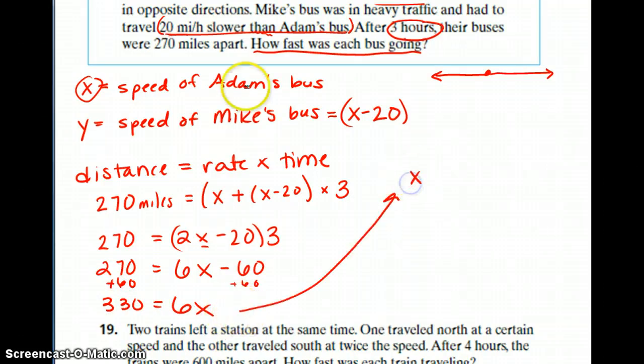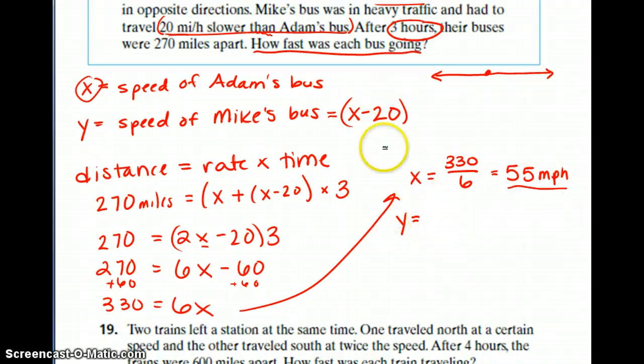So x, or the speed of Adam's bus, equals 330 divided by 6. So Adam's bus goes 55 miles per hour, which means if Mike's bus is in heavy traffic, Mike's bus has to go 55 minus 20, so it only goes 35 miles per hour.